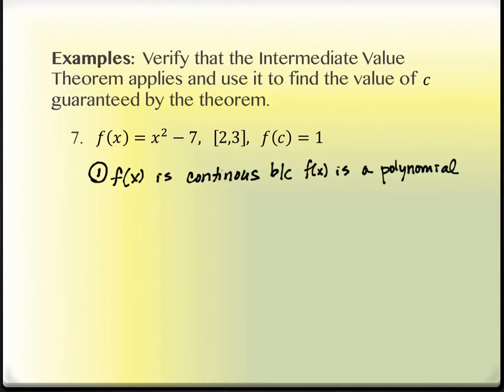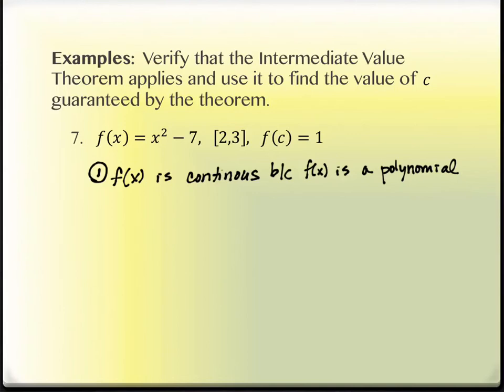We even talked about rational functions being continuous as long as it doesn't include anything that makes the denominator 0. So if I had something that made the denominator 0, it's simply not between 2 and 3, and it would still work. So you have to make a statement that says it's continuous, and the reason why is because of it being a radical, a rational, a polynomial, whatever. Okay, you have to say that.